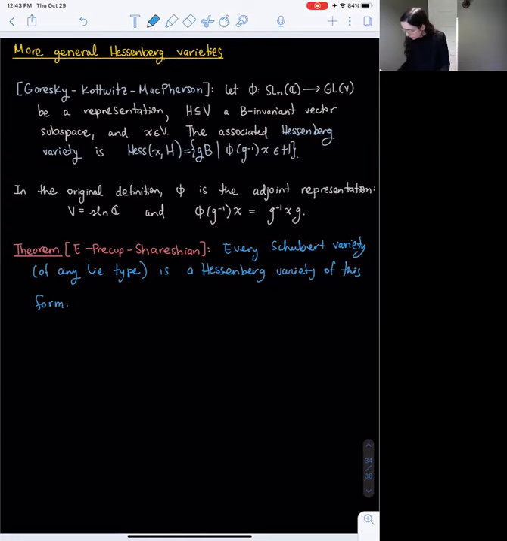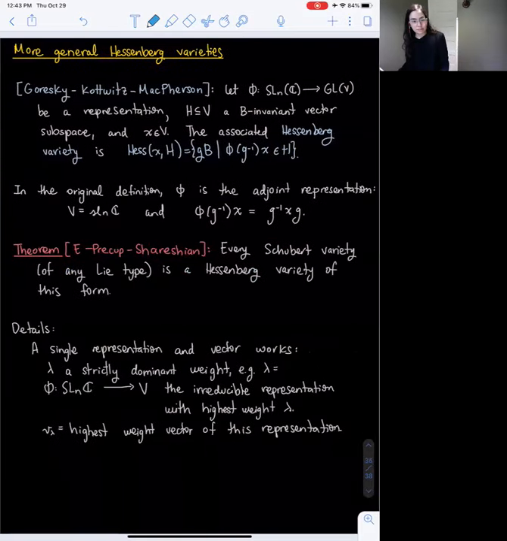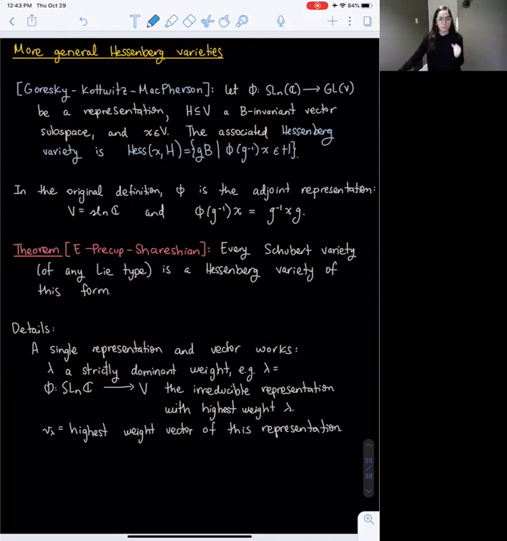And let me tell you a little bit about the details of our theorem. I won't go through the proof in much detail, but I do want to emphasize a couple of things. A single representation and vector works. If you are familiar with representation theory, some representations correspond to weights. If you have a strictly dominant weight, for example, we're going to have lambda to be n minus 1, n minus 2, all the way to 1, 0.